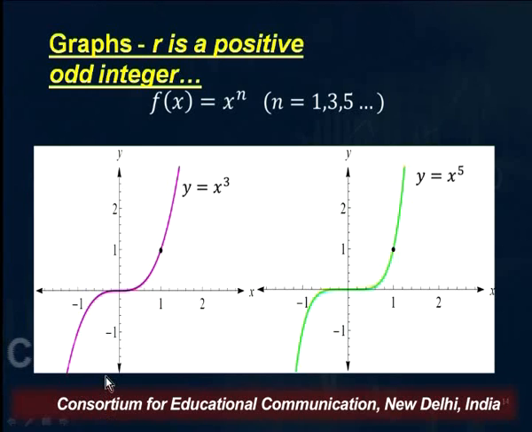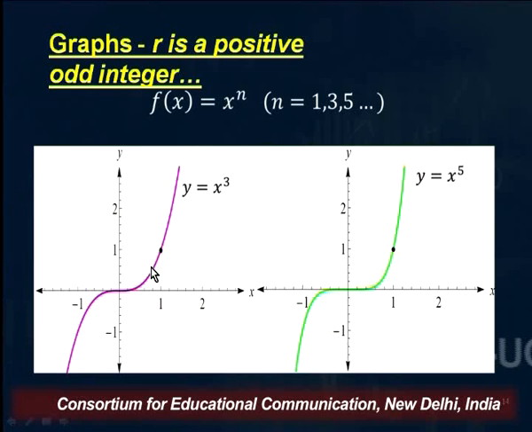So when you have a graph where the exponent is a positive odd integer, then you have symmetry about the origin, which is to say that if the point x comma y belongs to the graph, then the point minus x comma minus y also belongs to the graph. That is, f of minus x is equal to minus f of x, which is a case of an odd function.